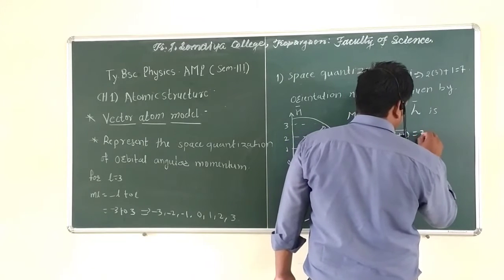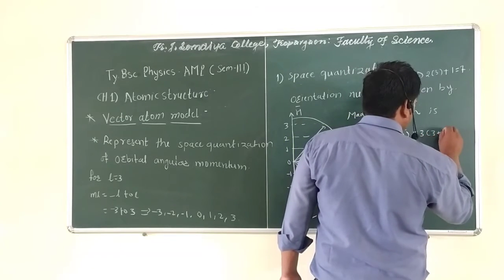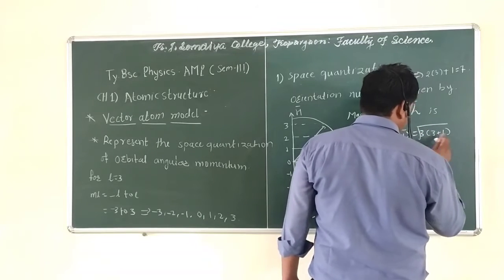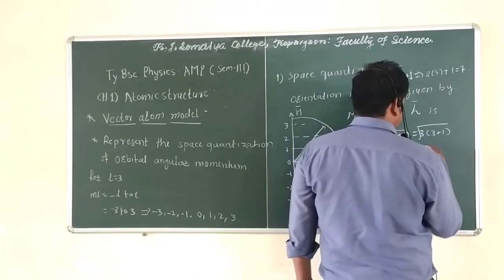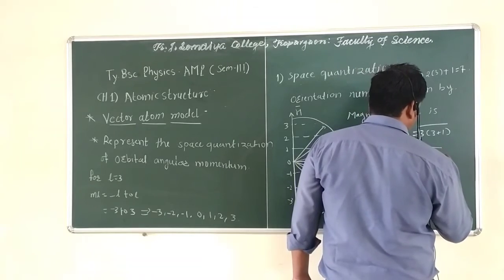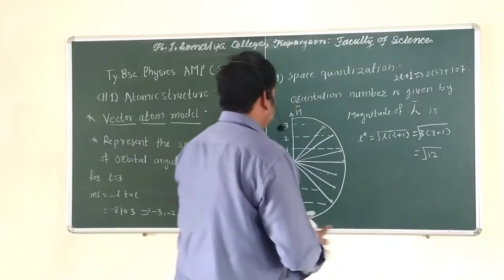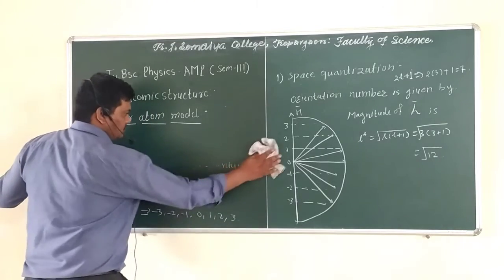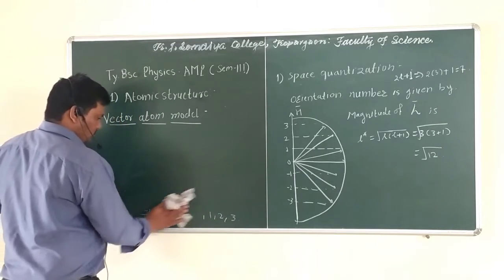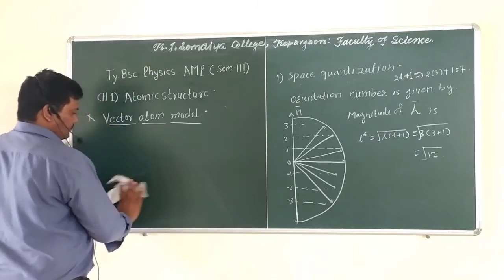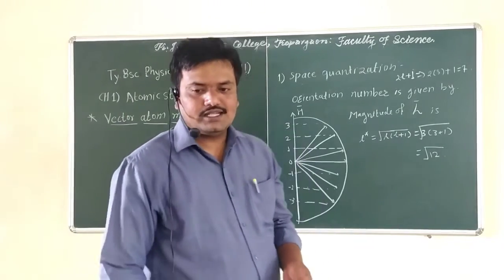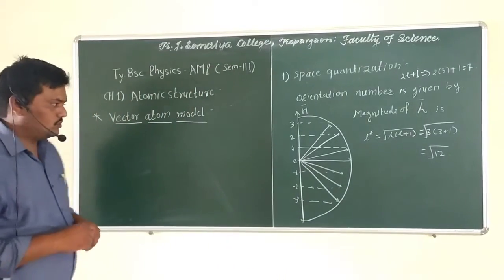That is given by 3 into 3 plus 1, so 3 plus 1 is 4, multiplied by 3, so that is the square root of 12. Okay. So this is the space quantization diagram of the orbital angular momentum, and that is the quantization of the direction of L.